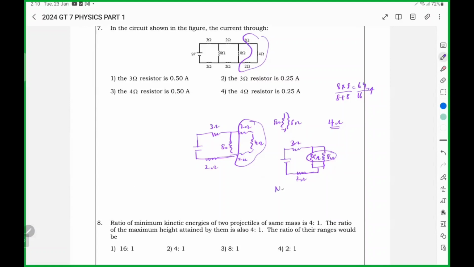So net resistance, and now the current will be the potential difference 9 by 10, so about 0.9 ampere. I think I made an error here; the effective resistance is 4 plus 3, 7 plus 2, 9 ohms.